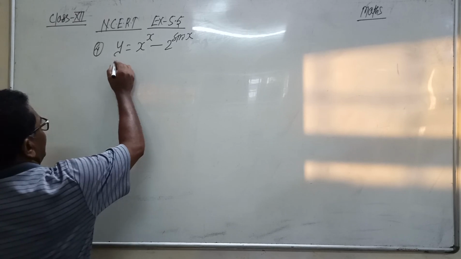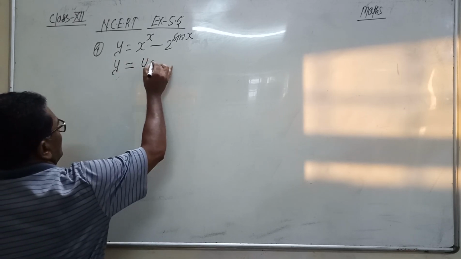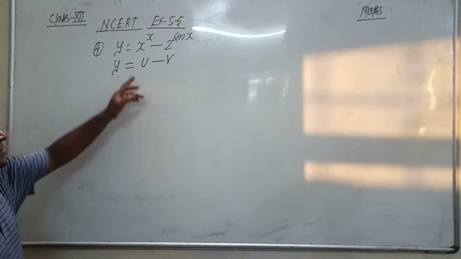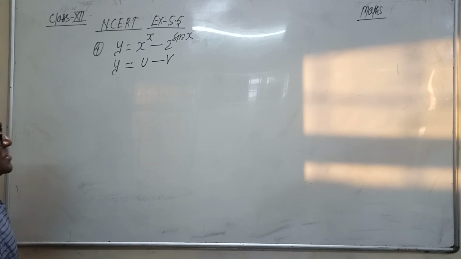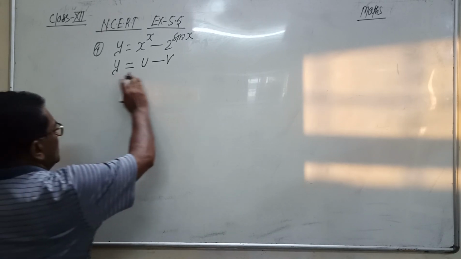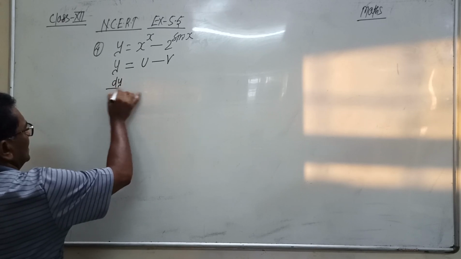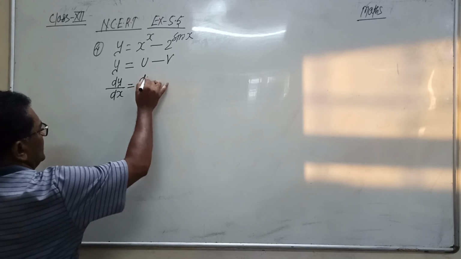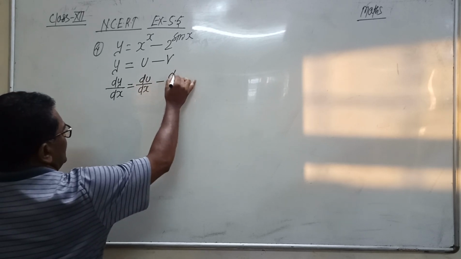Then in that case, suppose y equals u minus v. Let u equals x raised to the power x and v equals 2 raised to the power sin x. Now differentiate both sides with respect to x. So dy by dx equals du by dx minus dv by dx.